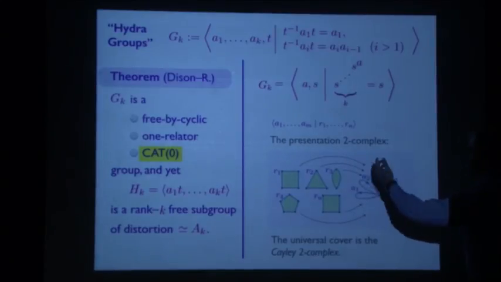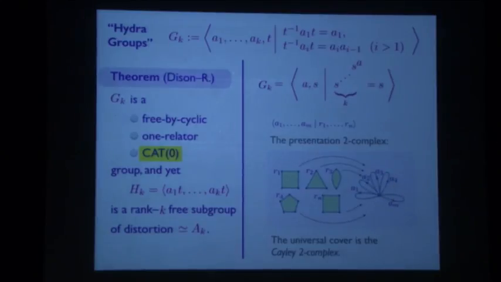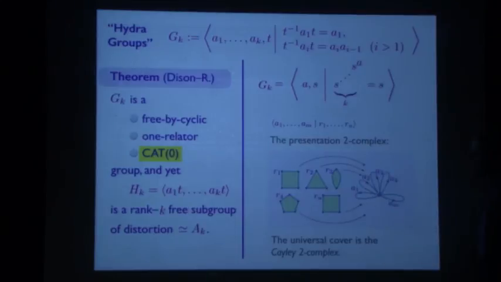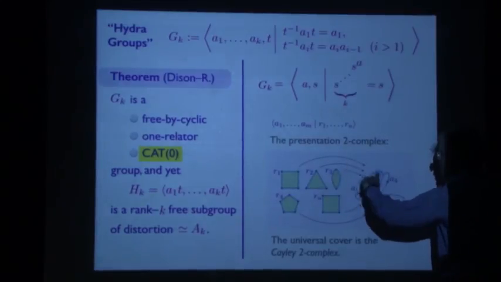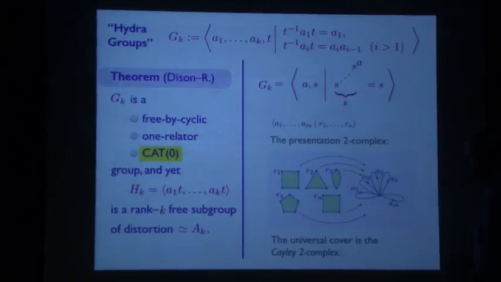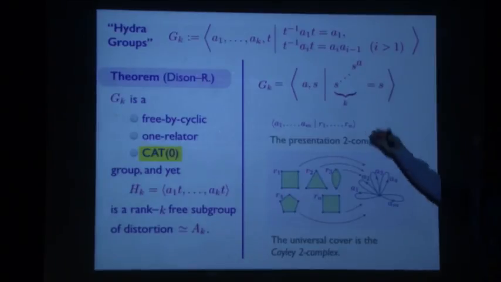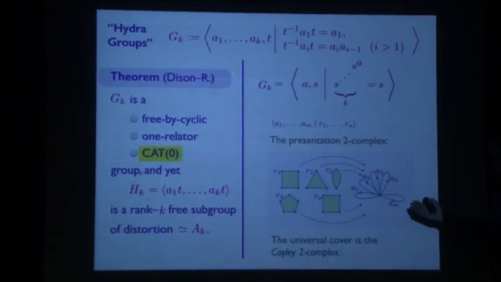You have a loop, one loop for each of the generators, and direct them, and then attach cells, one for each defining relation, using the relations to give you the attaching maps. So you get a little finite 2-complex whose fundamental group is the group presented by this, and its universal cover is called the Cayley 2-complex, and the one-skeleton of that is the Cayley graph.